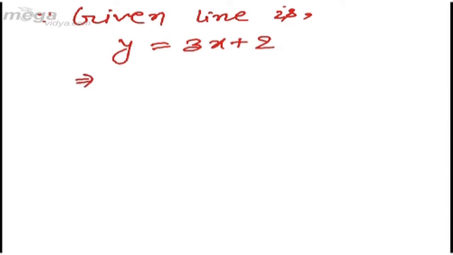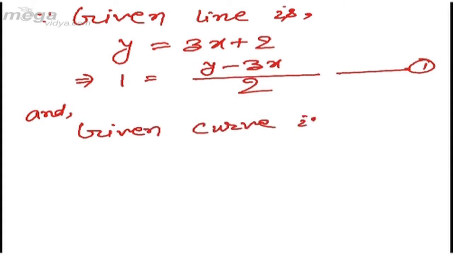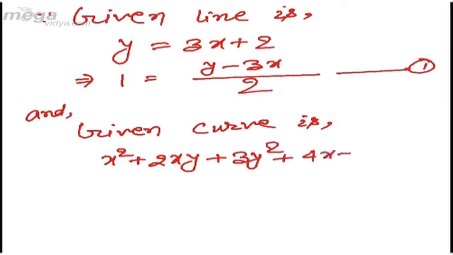So from here we'll find out the value of 1 as y minus 3x upon 2, and the given curve is x square plus 2xy plus 3y square plus 4x plus 8y equal to 11. Now we will make this equation a homogeneous equation with the help of this one.